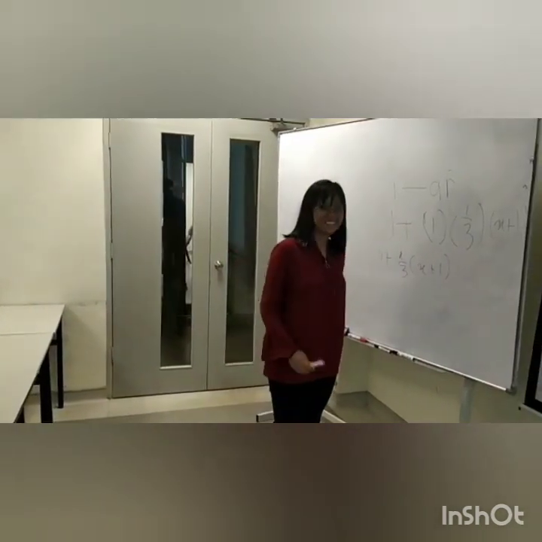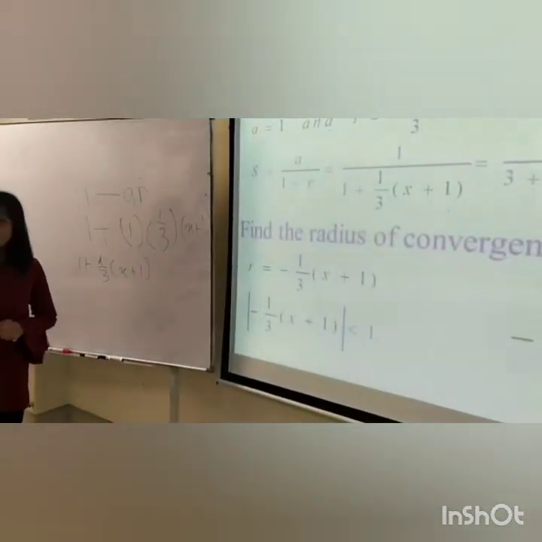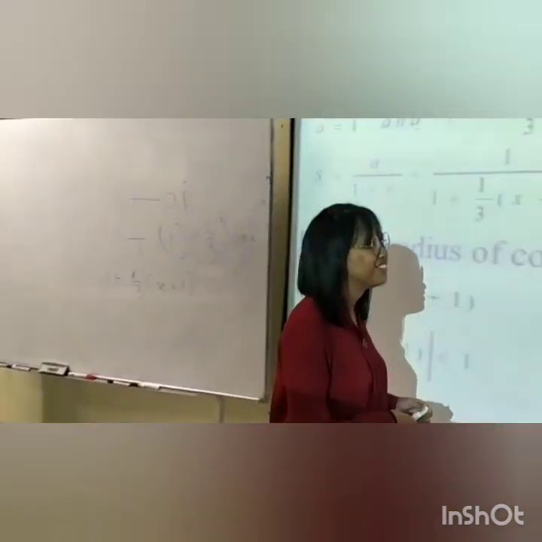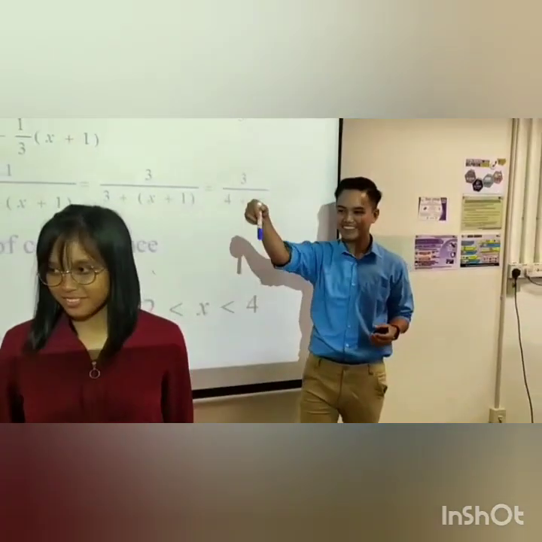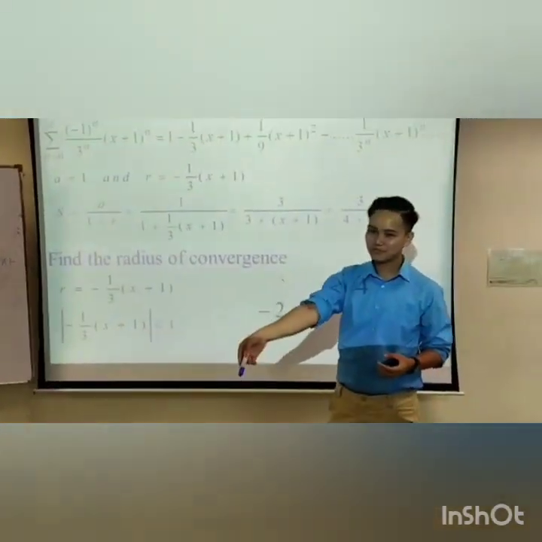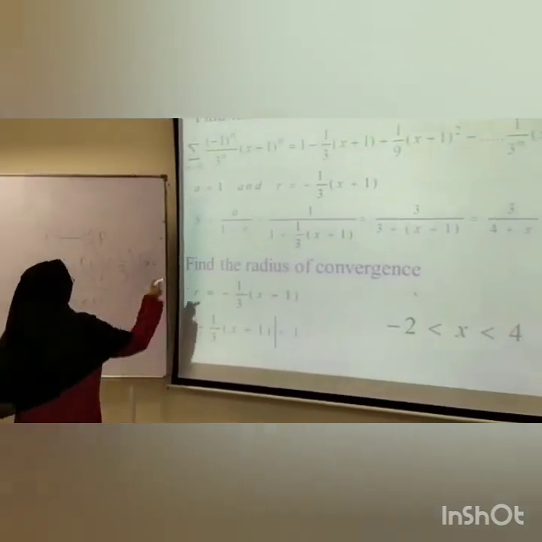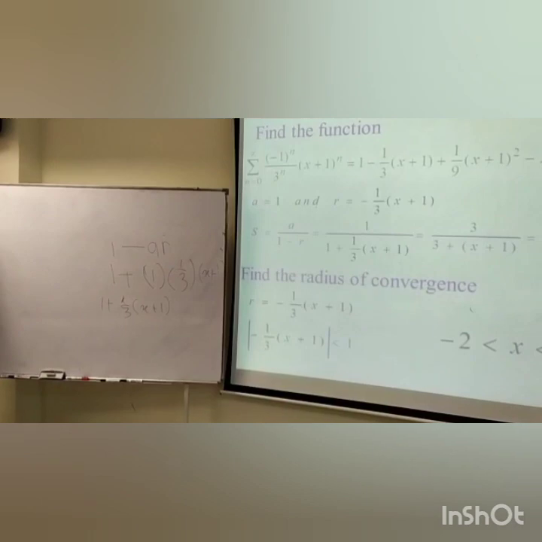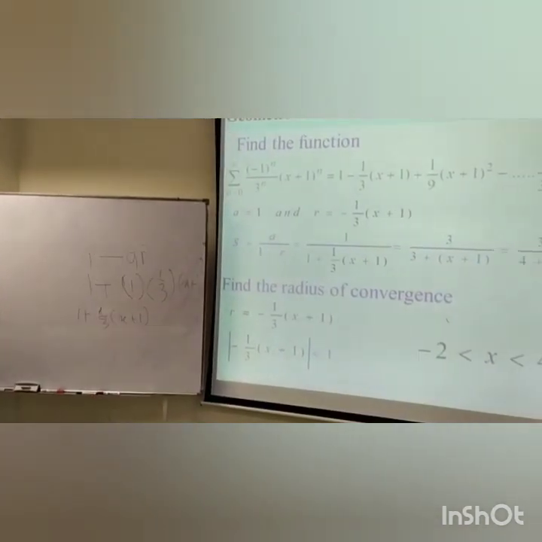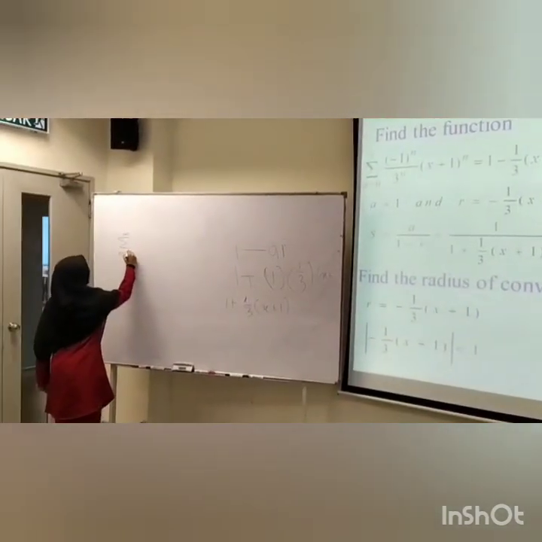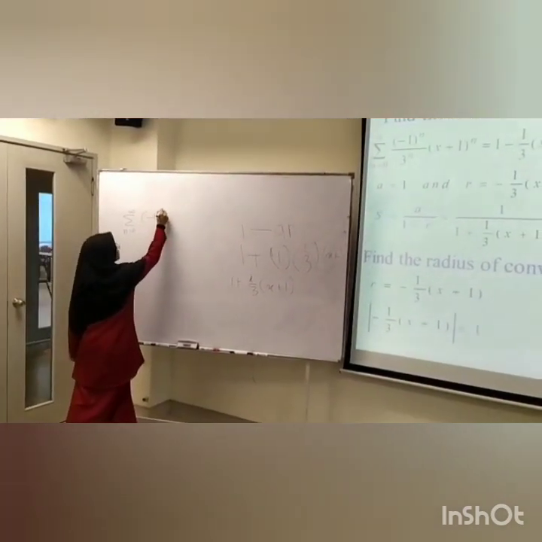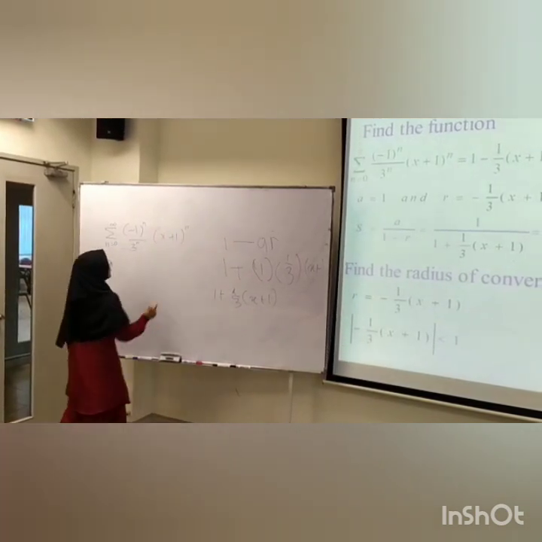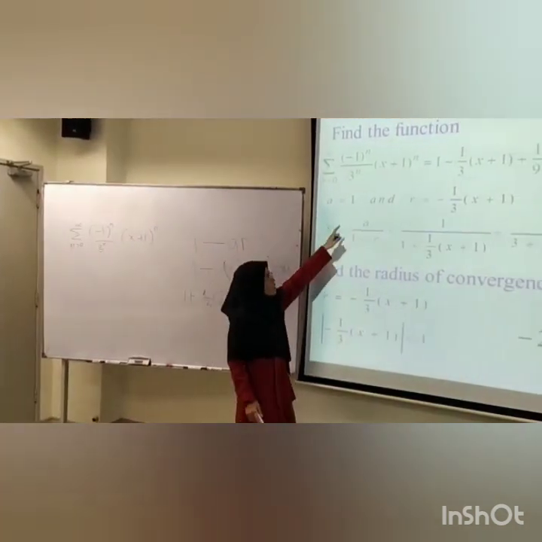Can you please explain again? I think based on the list, n equal to 0. Why did we get 1?